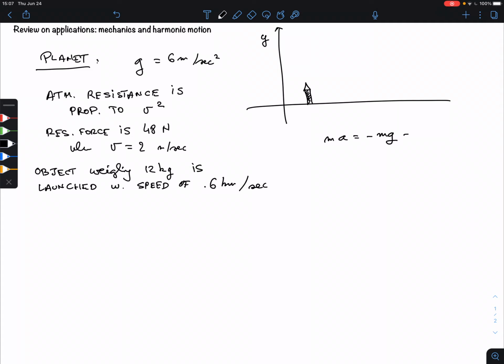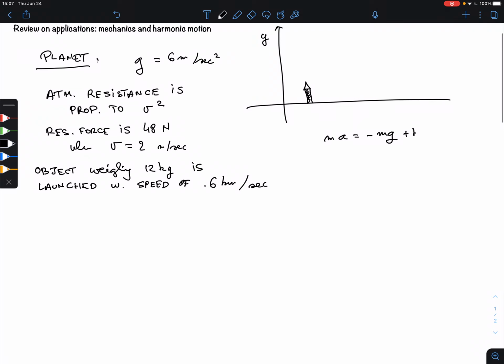Because the air will make us resist going up. So we have here plus kv squared. Okay, so that's the equation that we have to deal with.